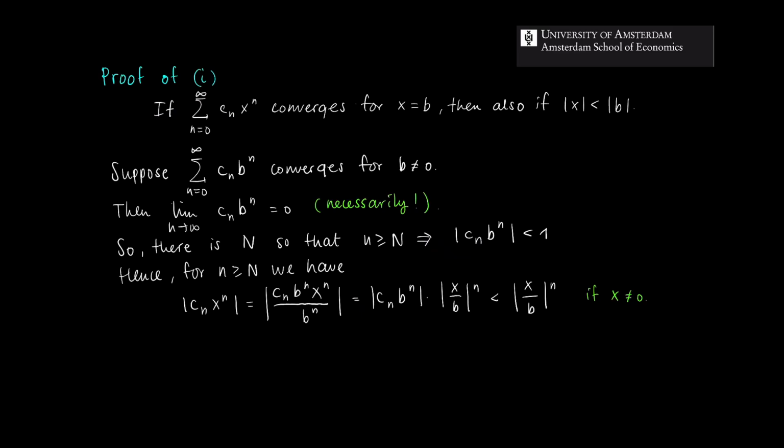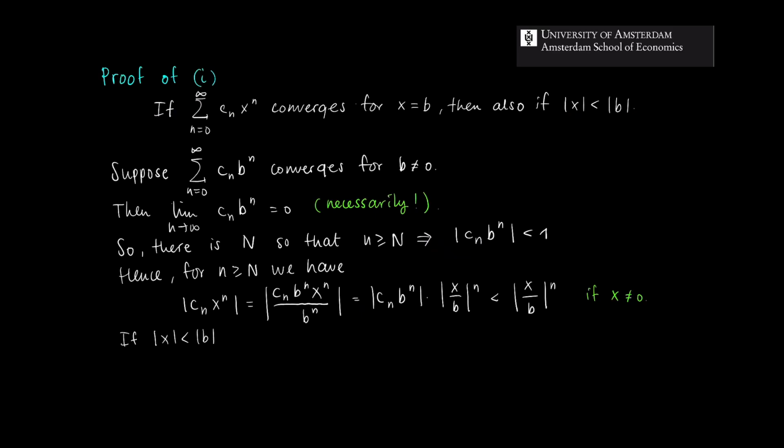Okay, now assume that x in absolute value is smaller than the absolute value of b. Yeah, just as in the statement, right? So suppose now we take an x for which the absolute value is smaller than the absolute value of b. So this means that x belongs to the interval (-b, b).